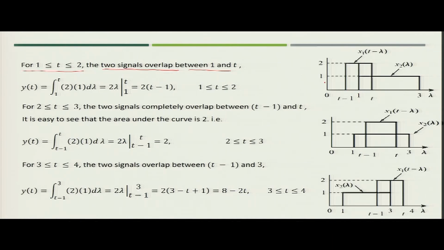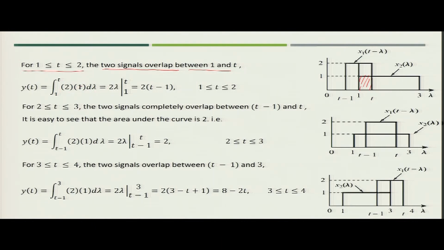So if you are shifting this function, which was earlier here, further, then you will see that for some time, that is between 1 to t, this function will overlap, right. So what you can do now? You can find the convolution of these two functions by using the convolution integral.